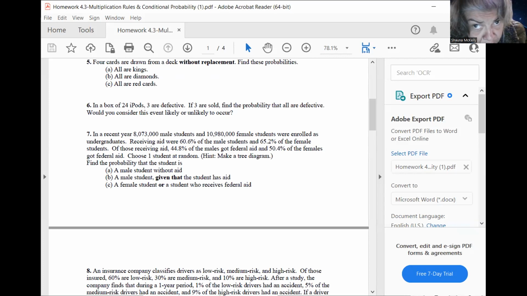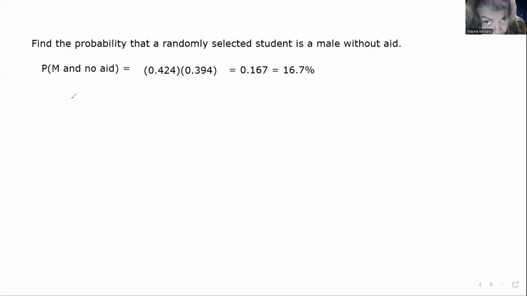So here, a male student, we're going to say this. We're going to do the probability of male given that they have aid.